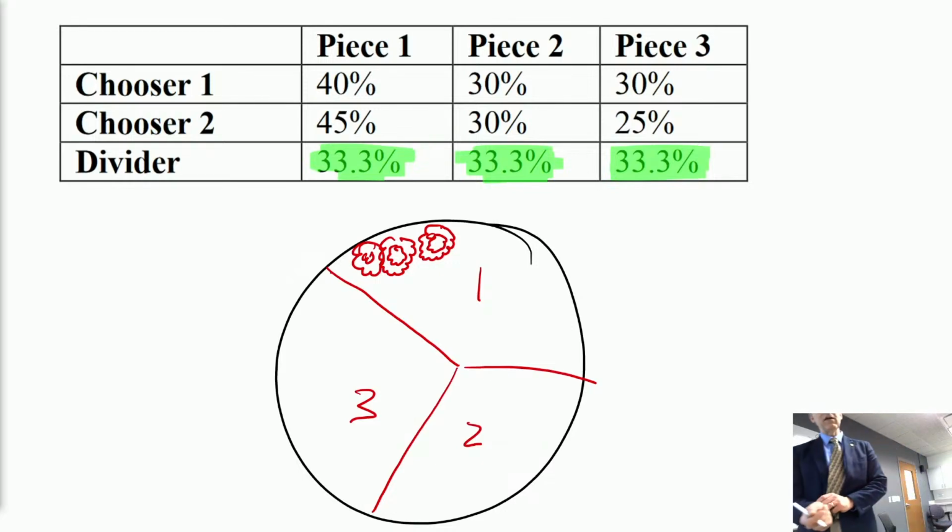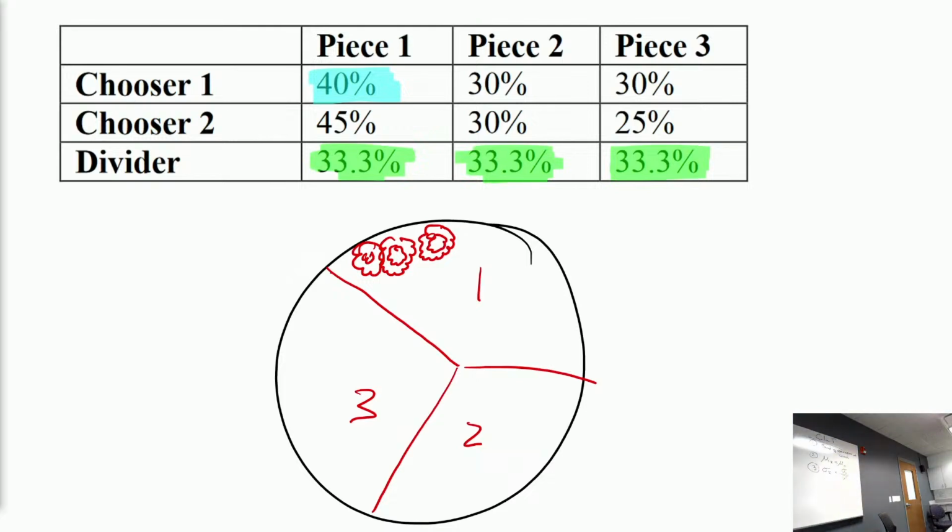Whatever the issue is, chooser number 1 says, hey, piece number 1, that's actually 40% by my value system. And piece number 2 is 30%, piece number 3 is 30%. So in chooser 1's universe, piece number 1 is the only acceptable piece. And the reason is that we want to make sure everyone feels like they have at least 1/3.